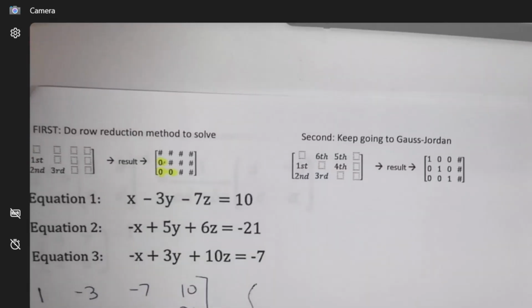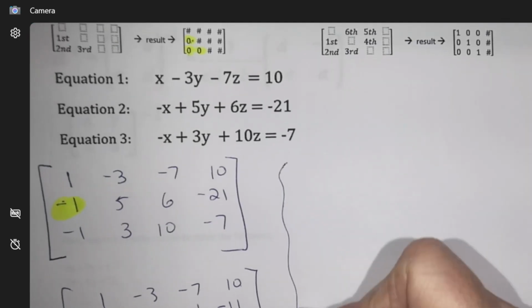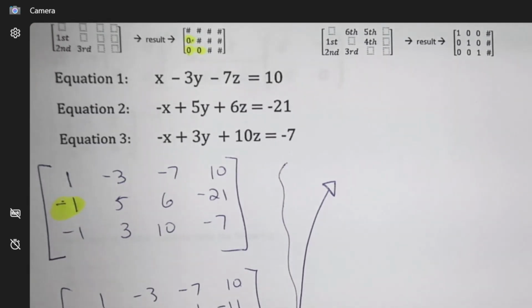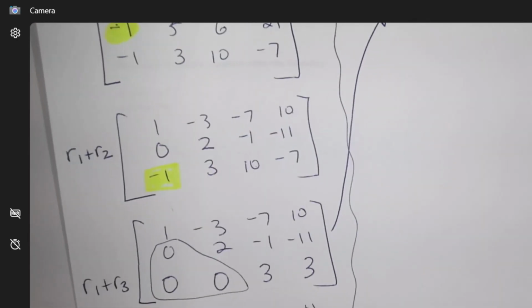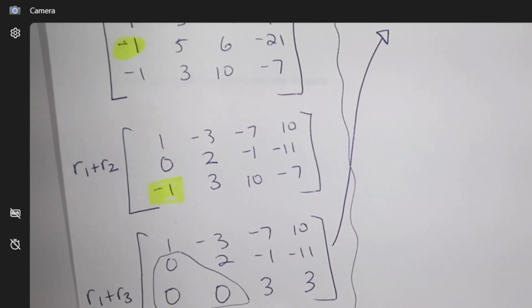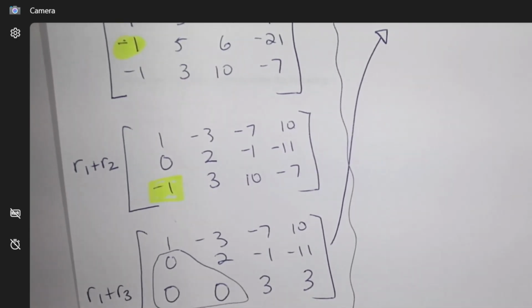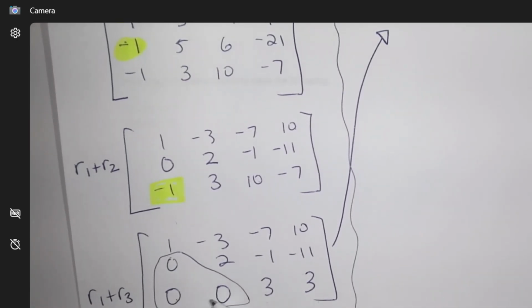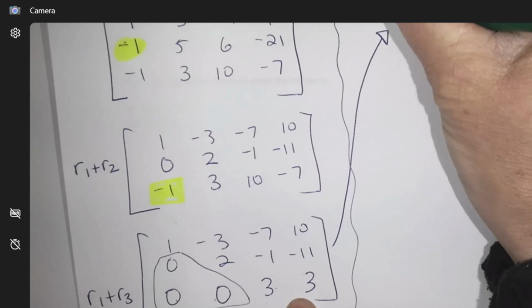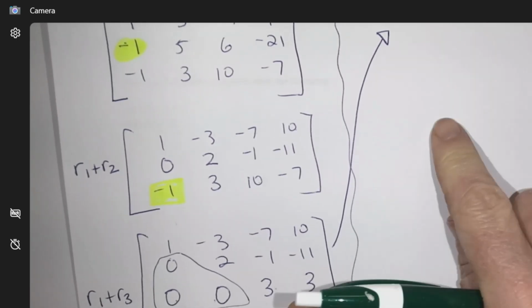Okay, so we're going to continue to Gauss-Jordan. So I'm going to continue from this one, moving on. Gauss-Jordan says 0 it, 0 it, 0 it, then 1 it out. So I'm going to go row 3 divided by 3.